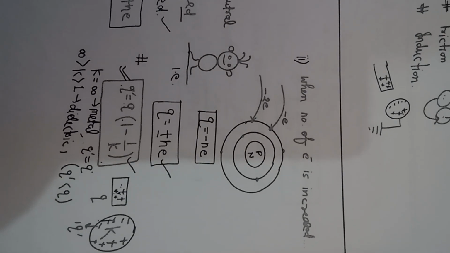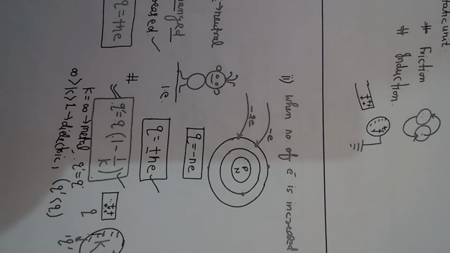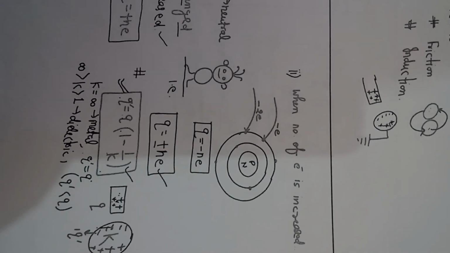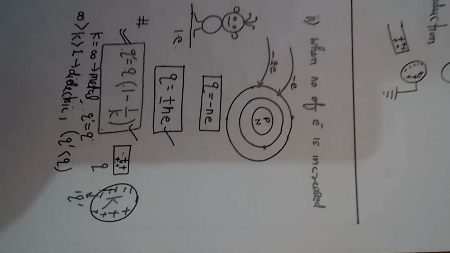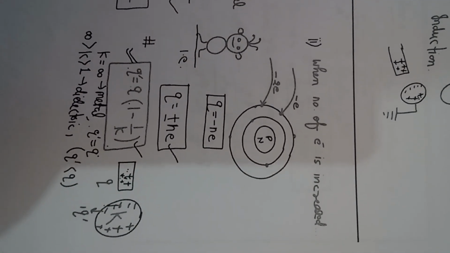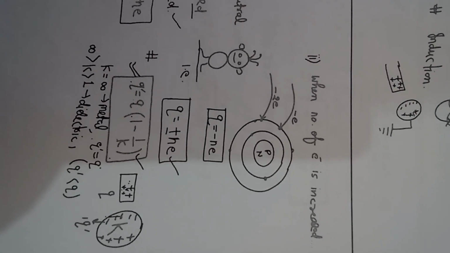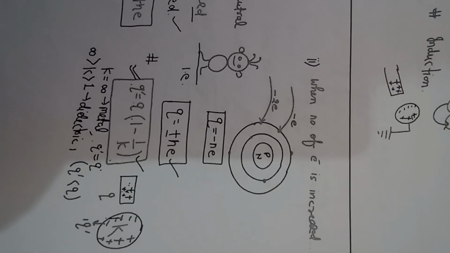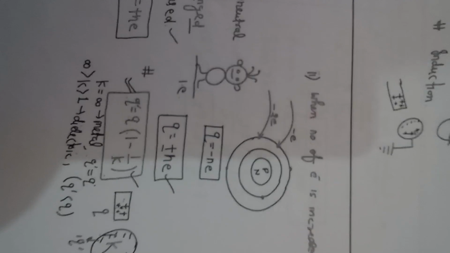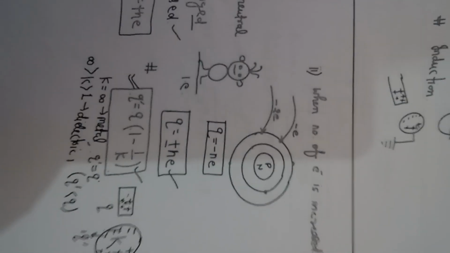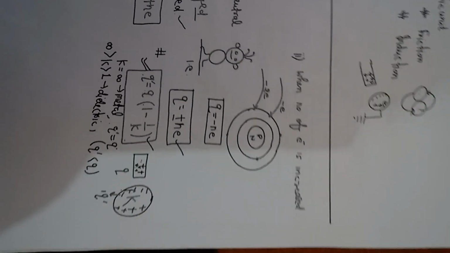So here we use q is equal to minus Ne. That's why we get q is equal to plus or minus Ne, and we can use a formula also: q dash is equal to q times 1 minus 1 upon k. The value of k is infinity for metal, and for dielectric k is less than infinity and greater than 1.